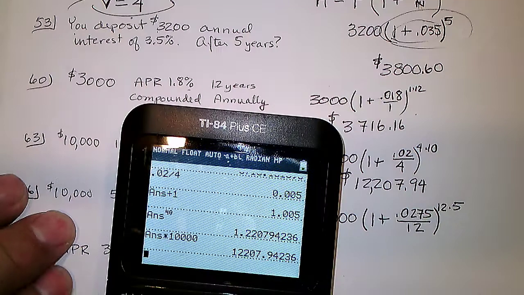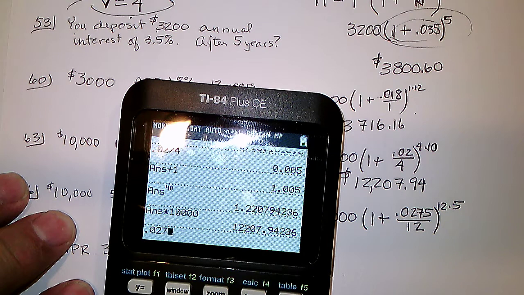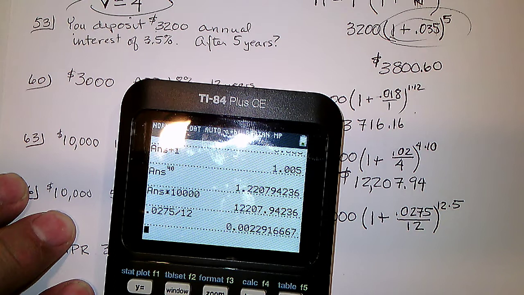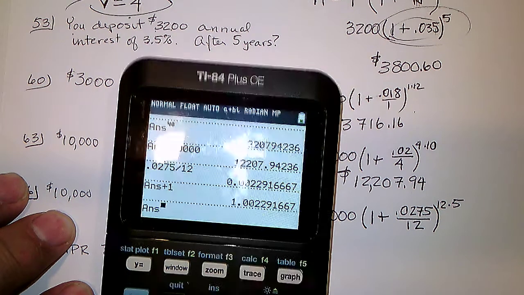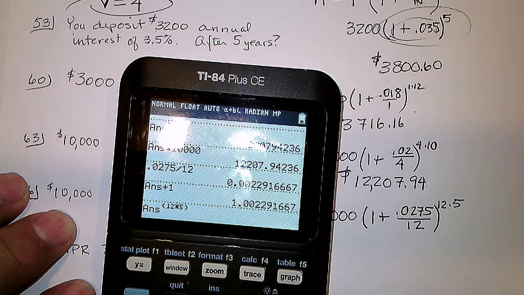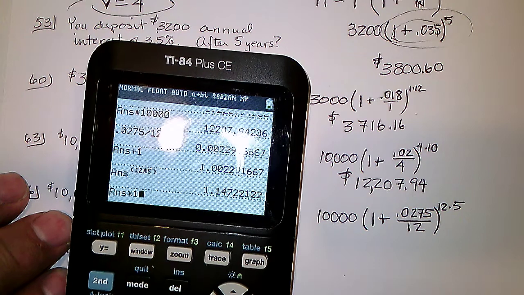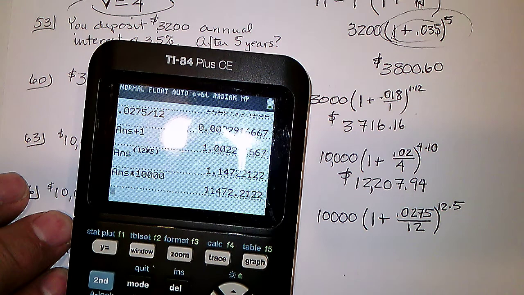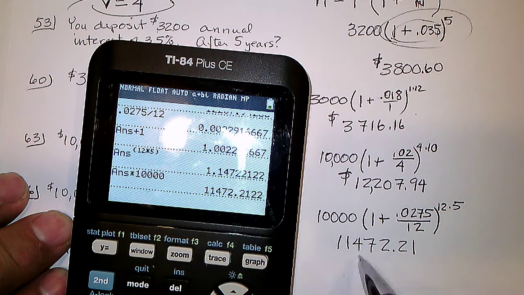And so again, we'll do the 0.0275 divided by 12, add the 1, take that to the power of, I'm going to put parenthesis, 12 times 5. That's 60 if you want to do it in your head, but I'm just going to do it. And that's what I need to take times 10,000. And I end up with $11,472.21.